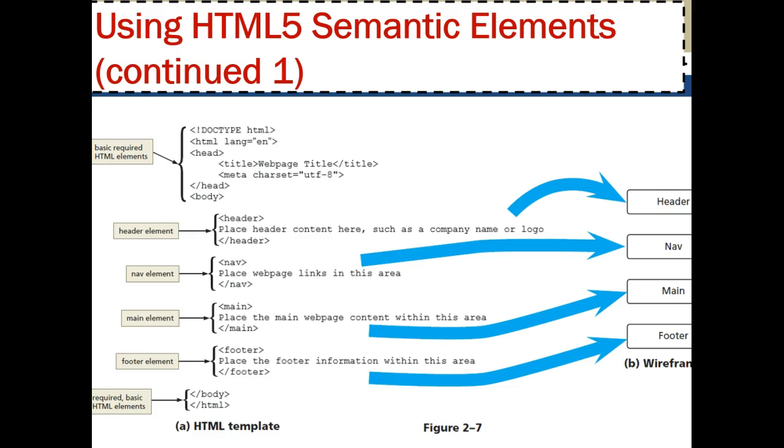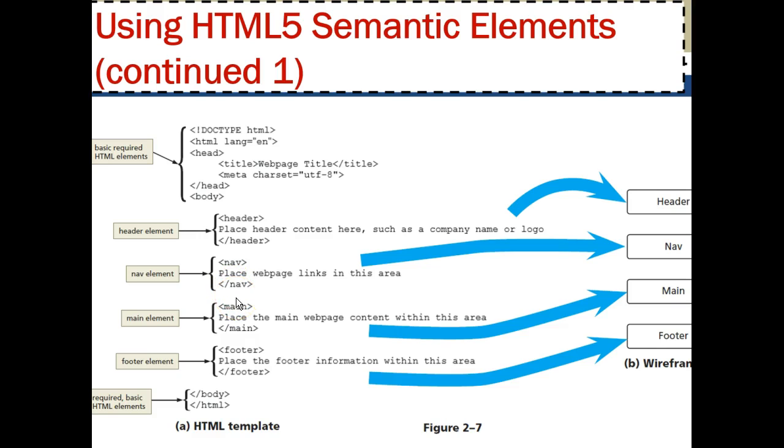and then we need to have the header element, which defines the header area of the web page. And then we have the navigation element, which defines the navigation area of the web page. As you can see, it starts with the nav tag and you need to end it. So remember, you have to end all of these tags.